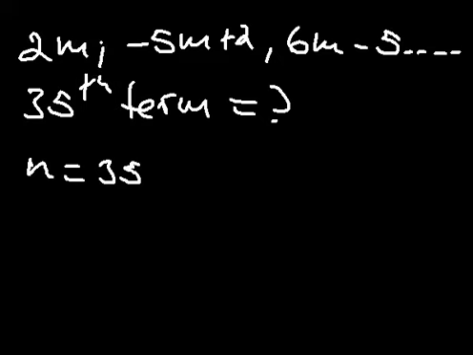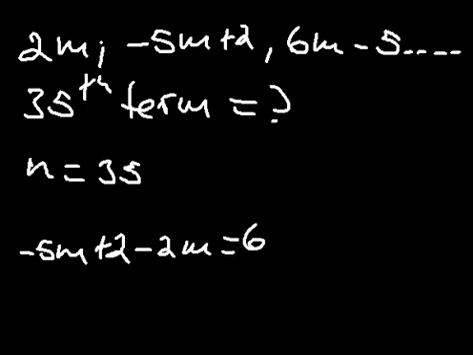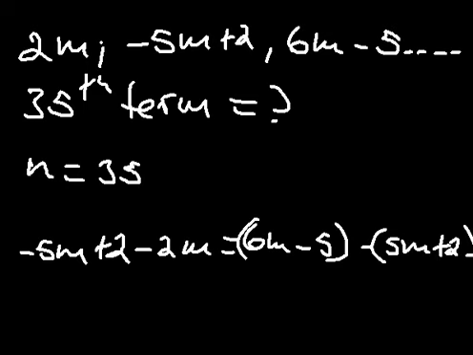So if that's the case, then we'll have negative 5m plus 2 minus 2m, which is equal to 6m minus 5 minus the quantity negative 5m plus 2. That is the principle behind. So now we'll have negative 7m plus 2, which is equal to 6m minus 5.